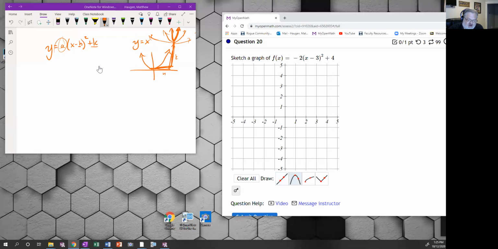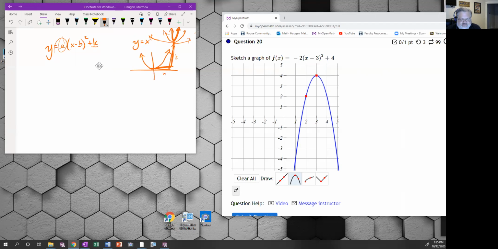So if we wanted to draw this, are we doing it from a translation perspective in 3-5, or from a 3-2, 3-3 perspective? It doesn't matter. The vertex is going to be at 3-4. It's opening downward, and instead of going over one up one, it's going to be going down twice as much.